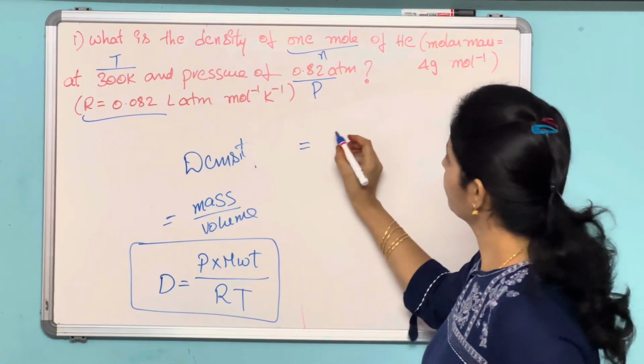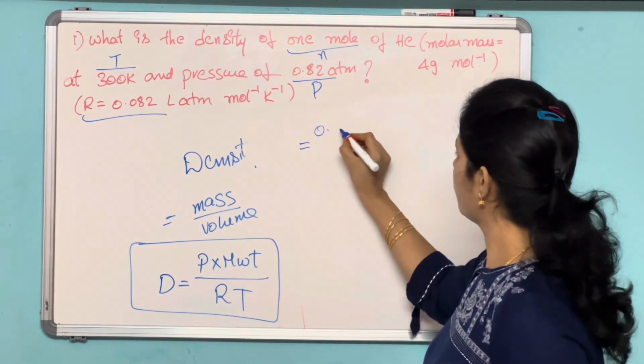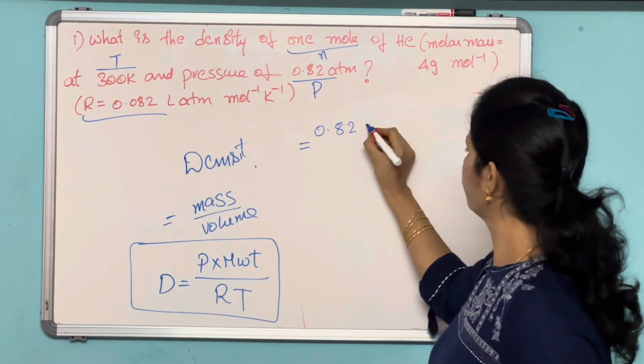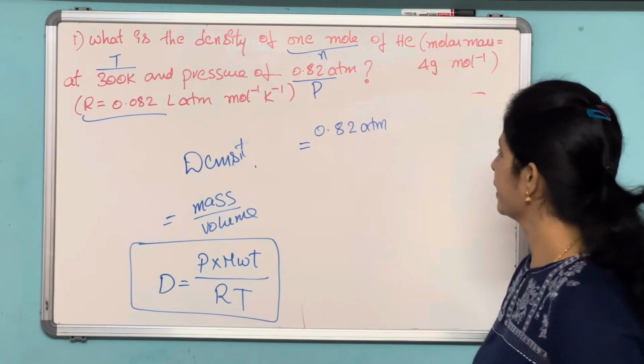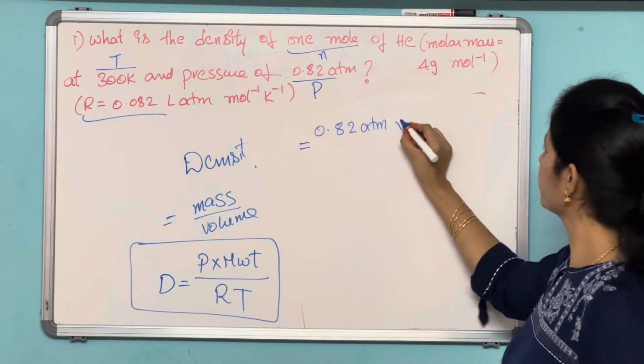What is P? It is 0.82 atm. And what is molecular weight?